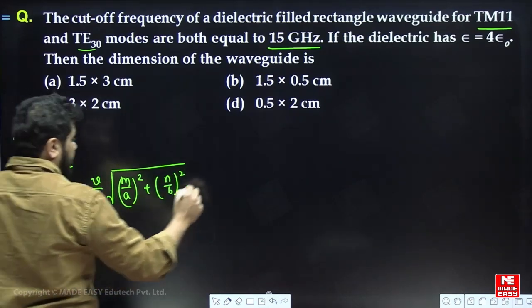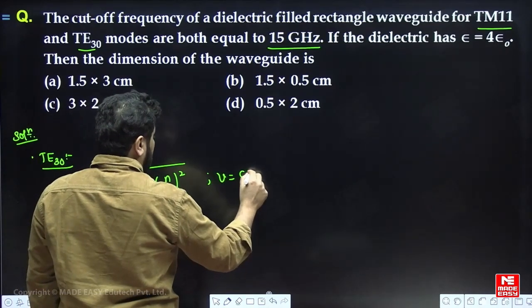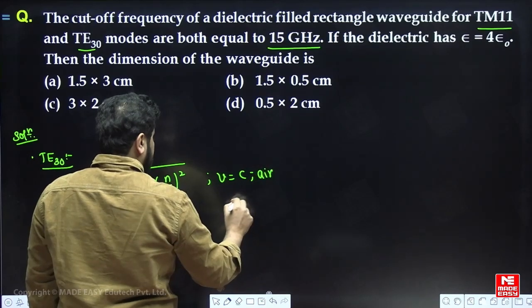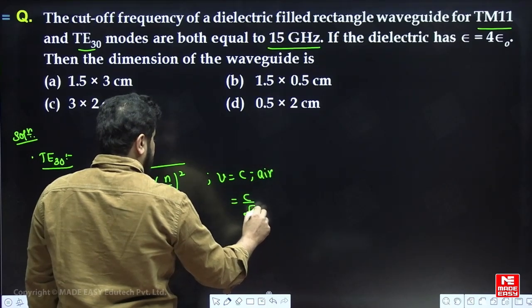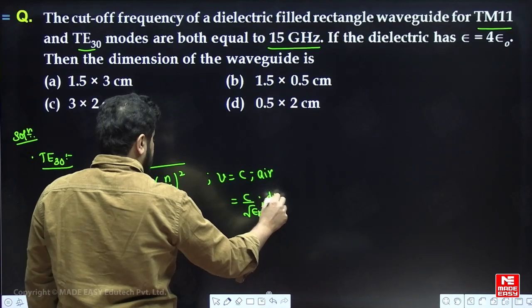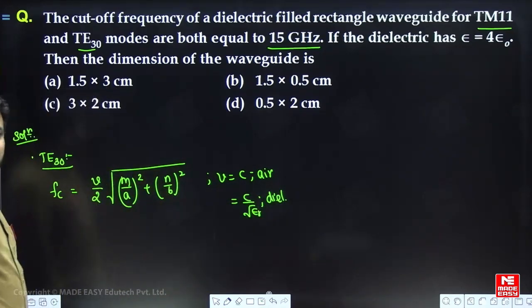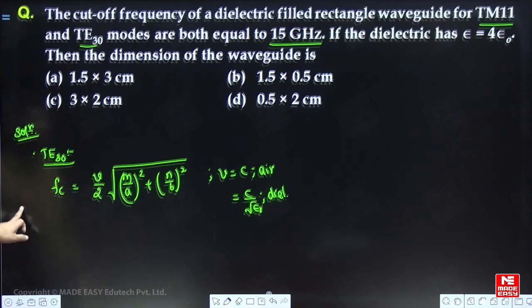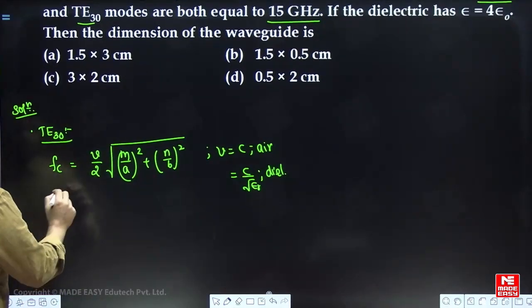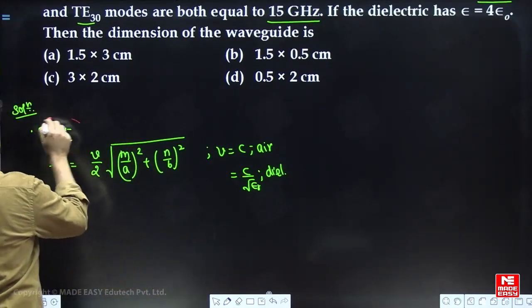Here V will be C if I talk in terms of air, and this will become C upon root epsilon r for a lossless dielectric. Here clearly they have given the dielectric as 4 epsilon naught.